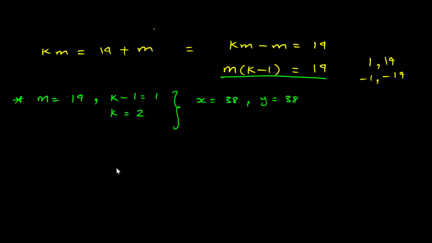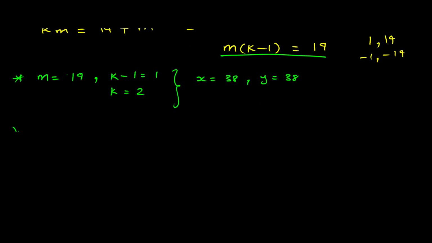All right, so when m is equal to negative 19, we would now have k minus 1 is equal to negative 1 and k is equal to 0. So when k is equal to 0, x would be equal to 0 and y would be equal to 0.